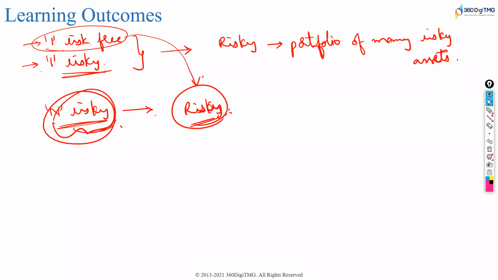So now our goal is to see how do we bring down all the n risky assets into one risky portfolio. Okay, one risky portfolio, n risky assets to one risky portfolio. That is what we want to do now.